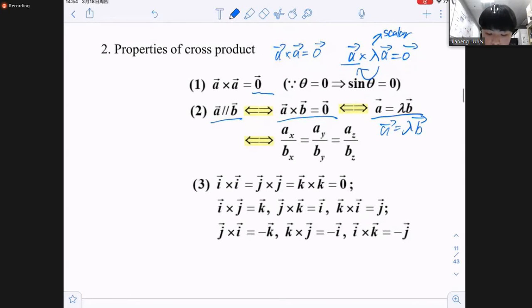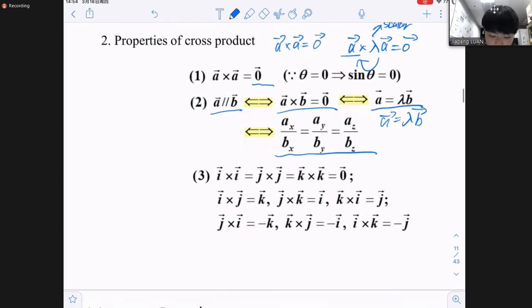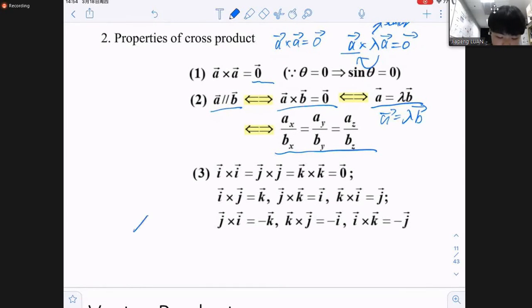Also, if you say this in coordinate form, you have this equation. And here is the calculation of i, j, k. I think you know that i, j, k are unit vectors, which means they have the direction of x, y, z, and they have the value of 1.